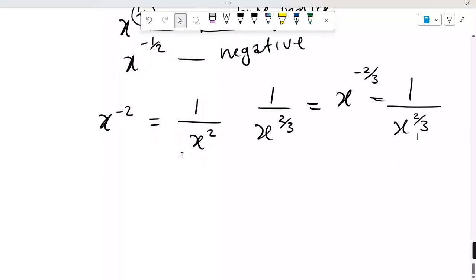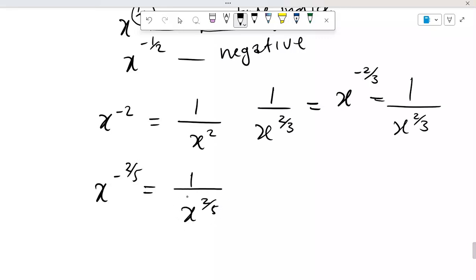Okay, so let me write a couple more. Let's say x to the power negative 2 over 5. You rewrite this as a positive index. It will be 1 over x to the power 2 over 5. Okay, great. Now, when it's like this, you can't integrate.